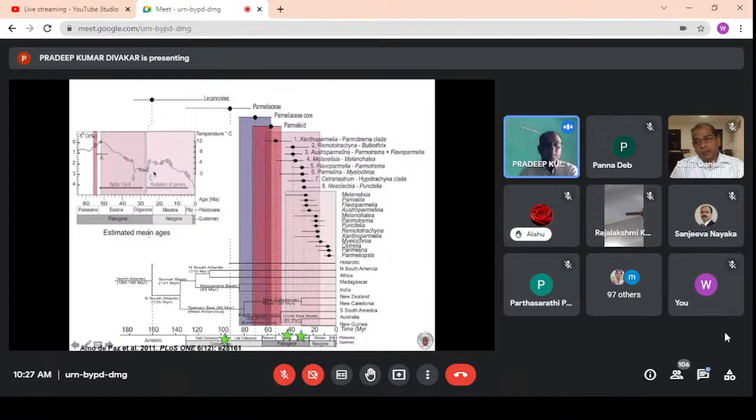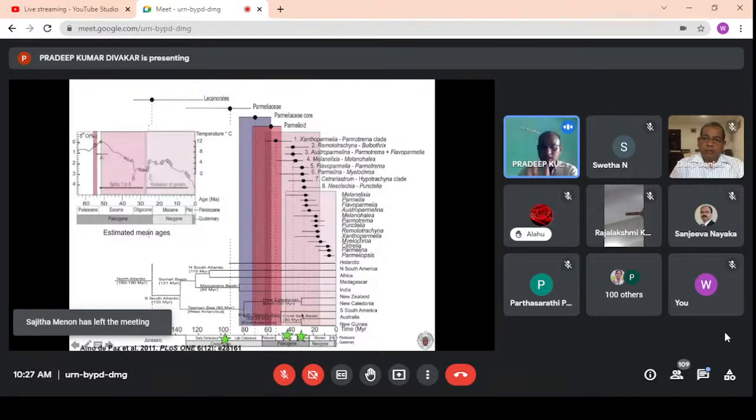At that time, most of the Parmelioid or the Parmeliaceae genera diverged when the temperature dropped down. The ice age helped for the divergence of the genera in Parmeliaceae, and then when the temperature again rose in the Miocene period, that was helpful for the species diversification in the Parmeliaceae. So these were the two correlations of the divergence in the family Parmeliaceae.